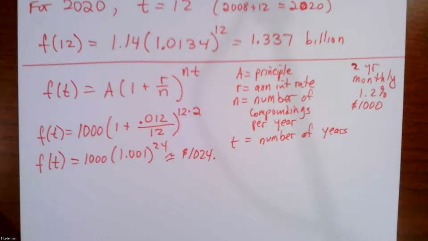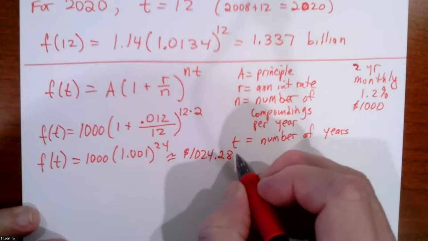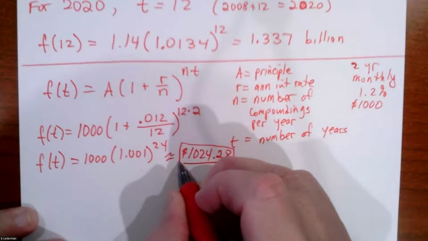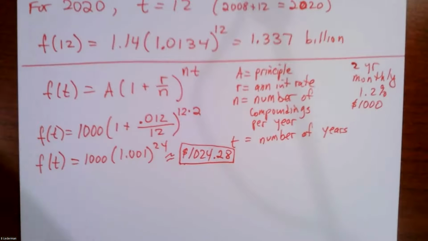One, and 28 cents. There we go. So you got roughly $1,024.